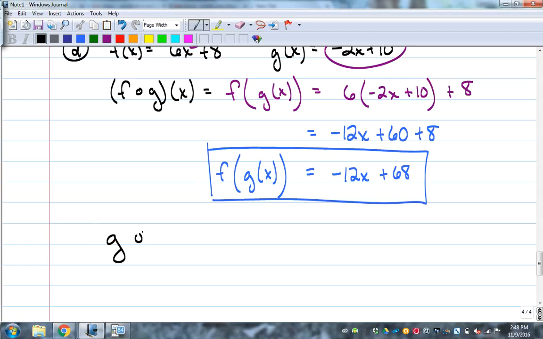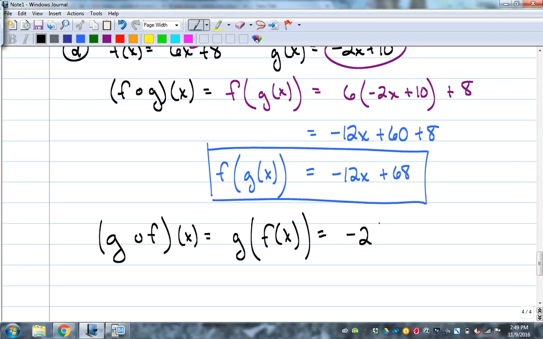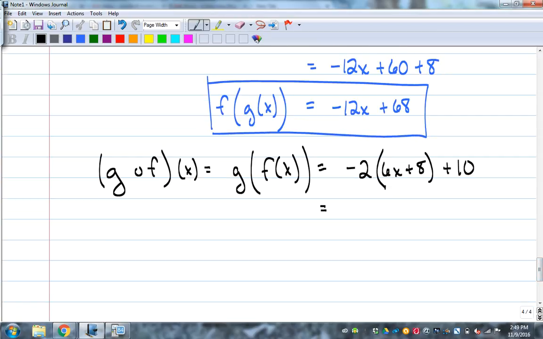If you go the other direction and do g composed with f, that just means you're taking the f of x function and putting it inside of the g of x function. So where the x was in the g of x function, it's right beside the negative 2. We're going to put, instead of x, we're going to put 6x plus 8. And then the plus 10 is hanging out on the outside. And we're going to simplify that.